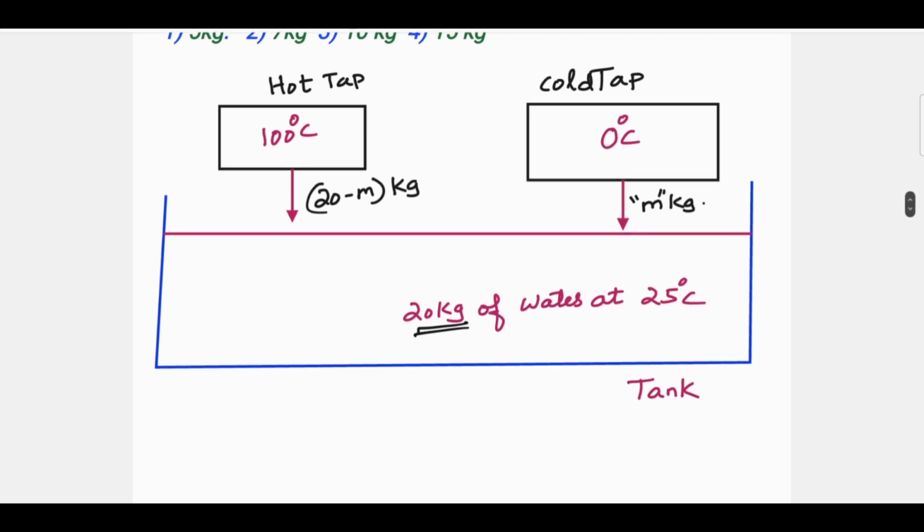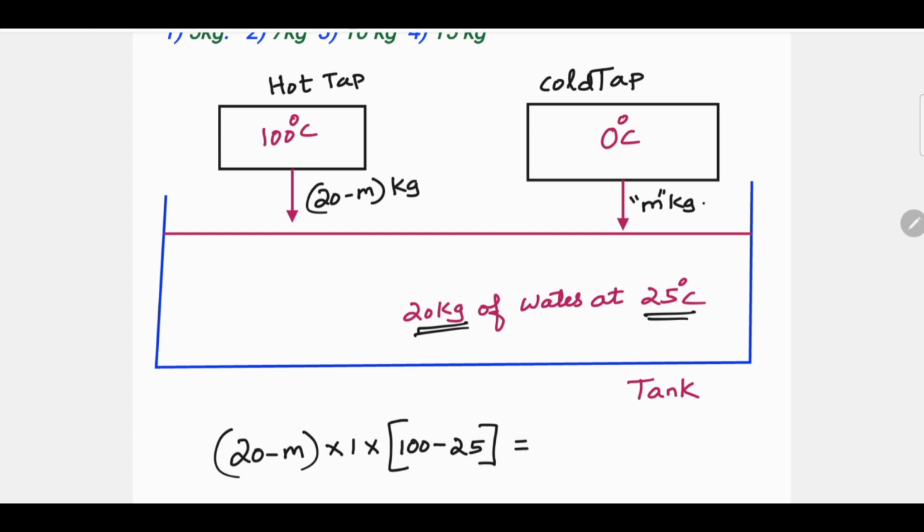Heat lost by the hot tap is (20 minus m) into 1 into delta T. Delta T is 100 minus 25, because our final temperature is 25. That is the temperature difference. This is the heat lost, which should be equal to heat gained.